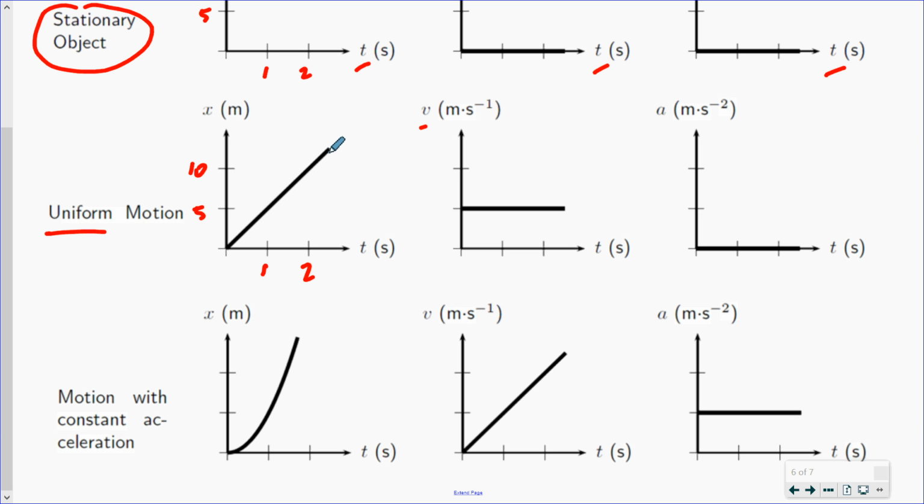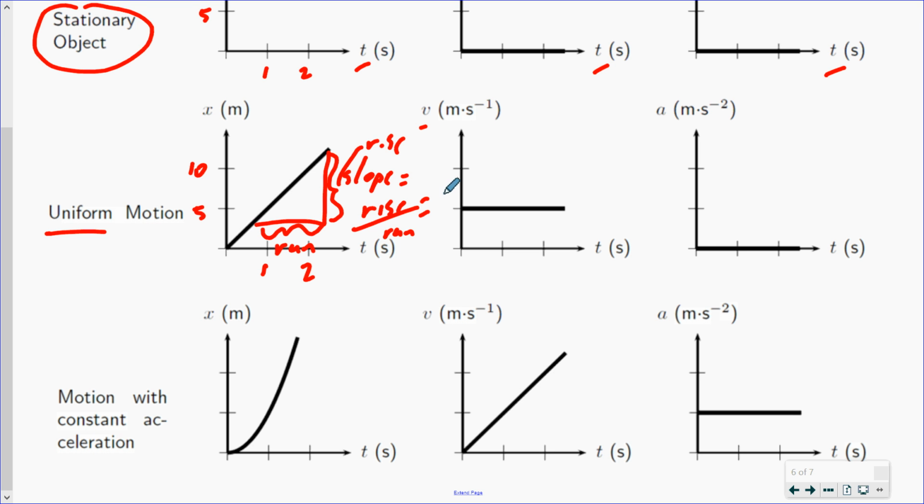Now the slope. If we take the slope of this, slope is equal to the rise divided by the run. This here is the rise. This here is the run. Well, you'll notice that the rise is the position.